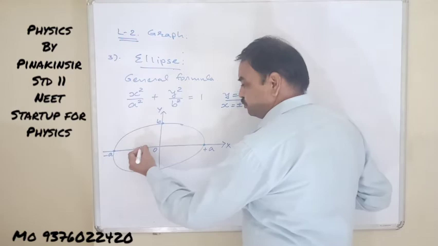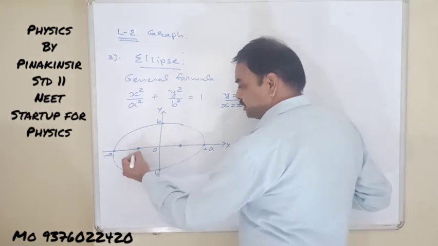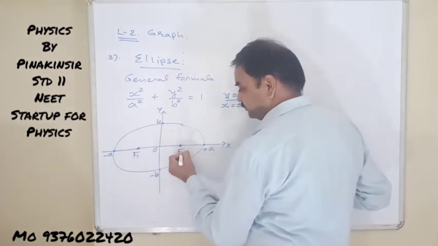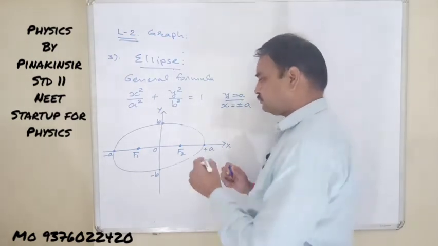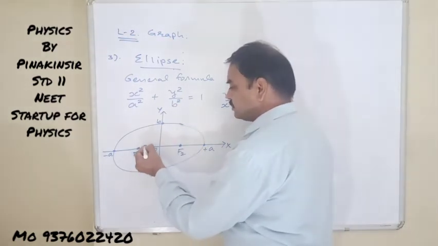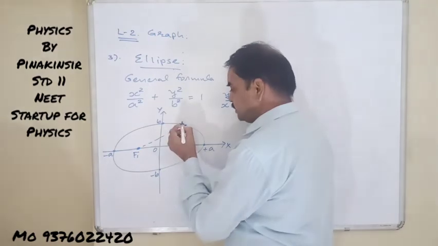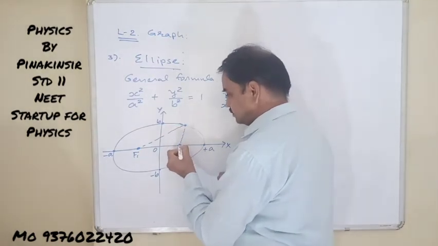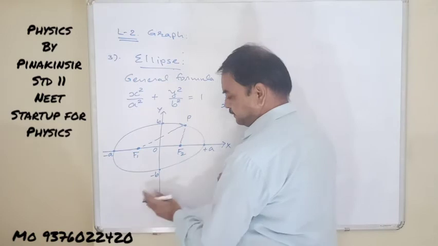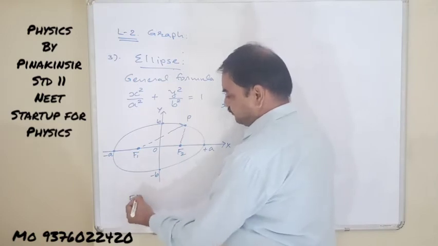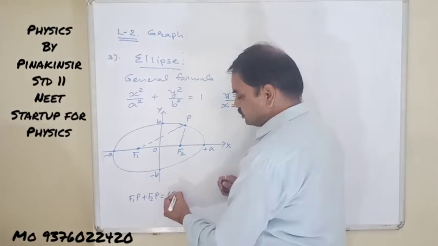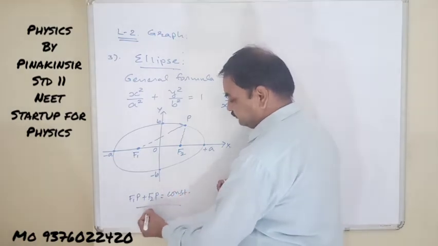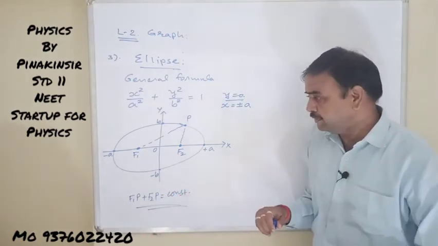There are 2 points on the ellipse said to be foci. F1 and F2 are the foci. For any point P on this elliptical shape, F1P plus F2P will always be constant, just for your information.